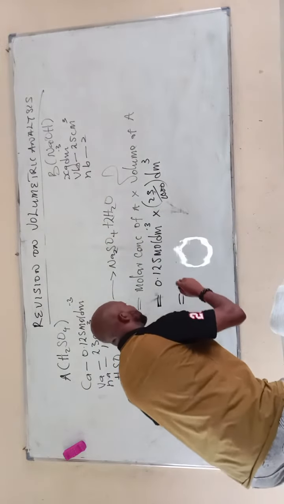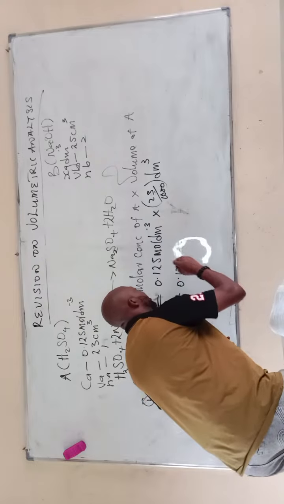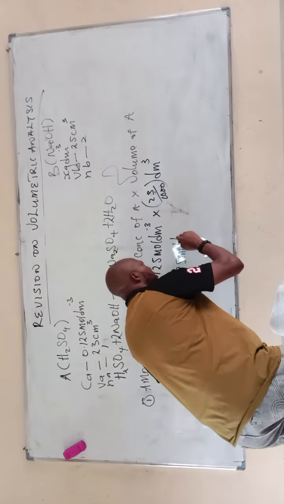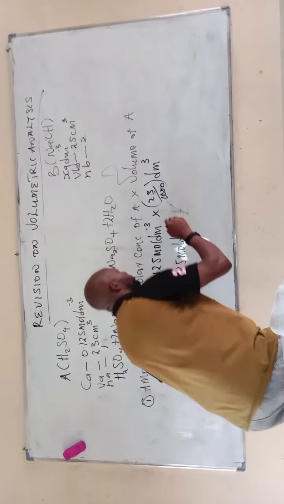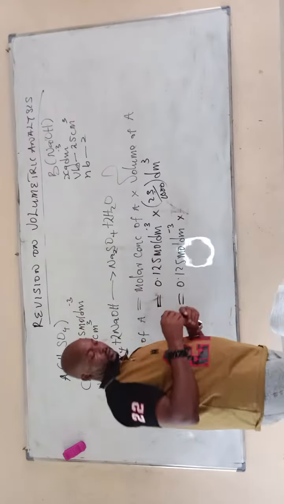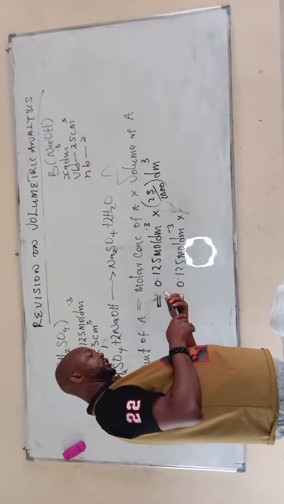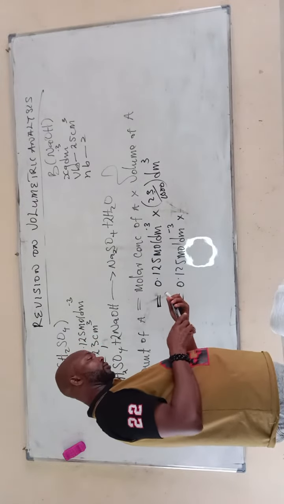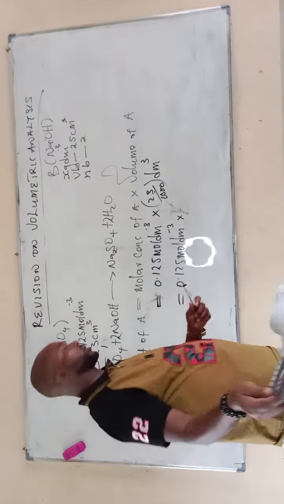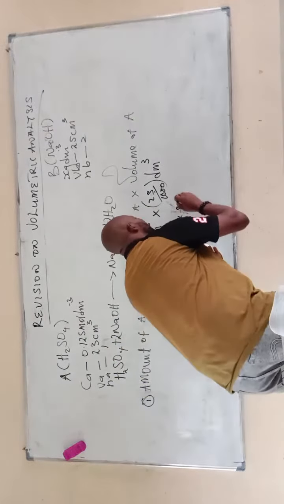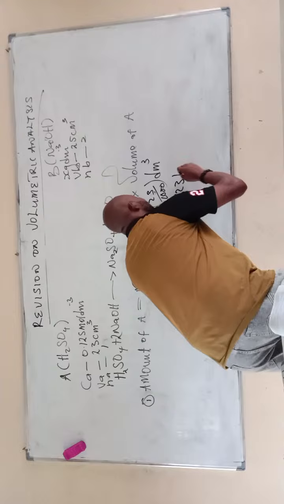So this is still 0.125 mole per dm cube times 23 divided by 1000. Well, let's take 0.023 dm cube.